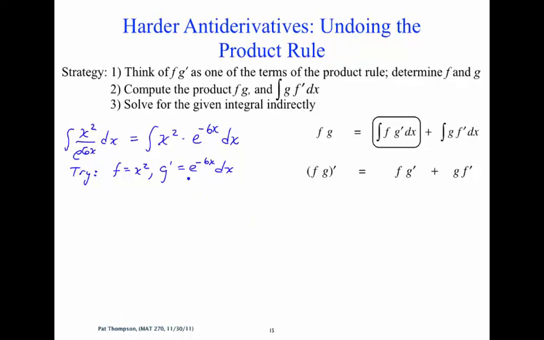And that would mean that g would be what? That's like a little undoing the chain rule. Can we do it in our head now? Is that an easy enough one to do in our head? The antiderivative would be e to the minus 6x, but then clean up the mess, negative 1/6, right?